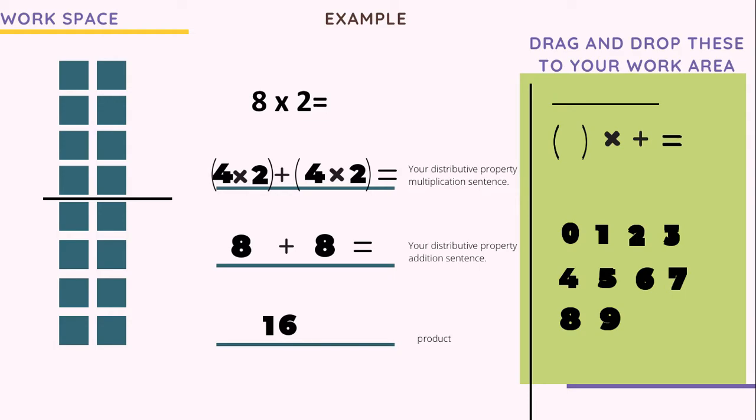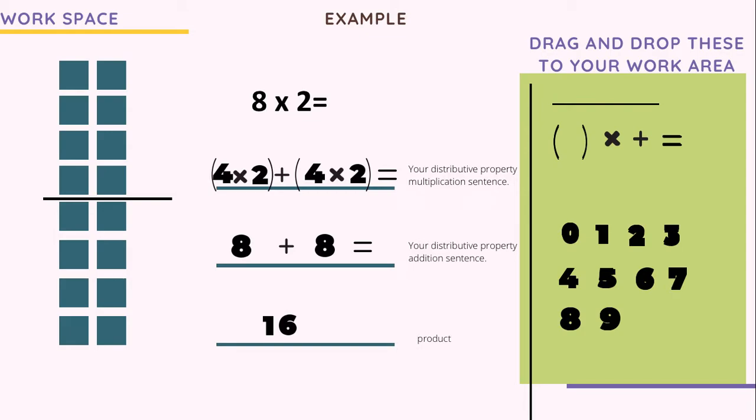Another way you could have broken this problem up would have been by doing 1, 2, 3, 4, 5, 6, 7, 8 times 1, and then 8 times 1, which would have given you 8 plus 8 as well, giving you 16. So with the distributive property, the neat thing is you can break your arrays up different ways.